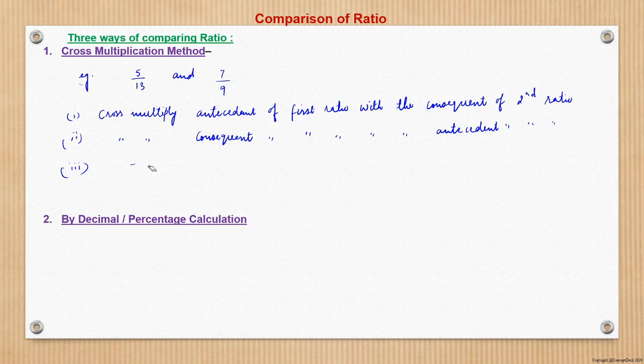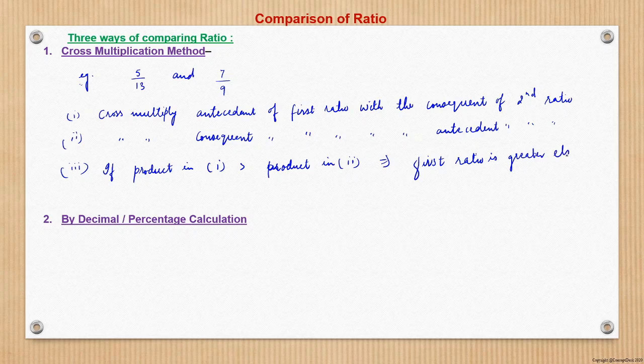If the product in 1 is greater than the product in 2, it means the first ratio is greater than the second ratio, right?